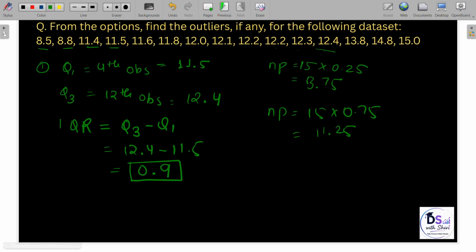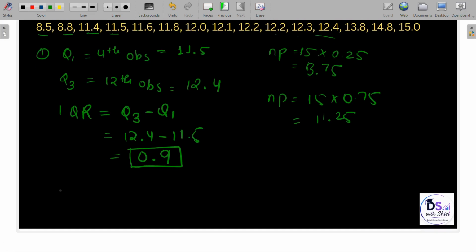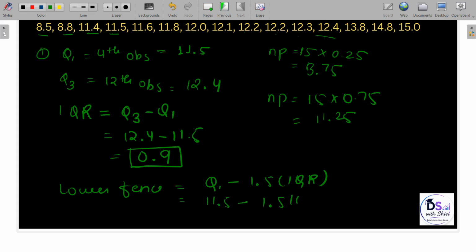What we have to do next is calculate the lower fence. The lower fence in this case is Q1 minus 1.5 into IQR, right? Here we have Q1 as 11.5 minus 1.5 into 0.9. That equals 11.5 minus 1.35, which equals 10.15, right?